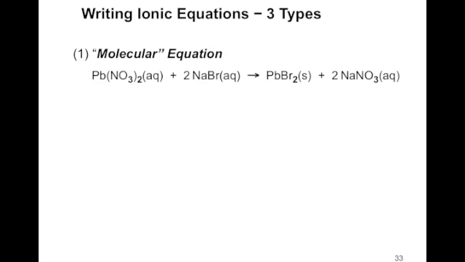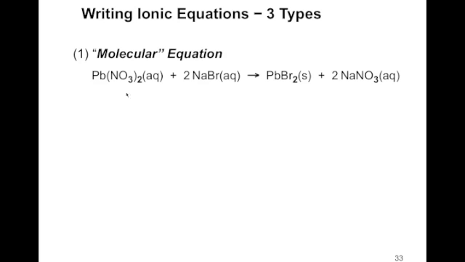When describing chemistry that occurs in aqueous solutions in the form of chemical equations, there's three ways to write them. It doesn't matter whether you're looking at a precipitation reaction or an acid-base reaction or a redox reaction. You use three different equations to represent the information depending on what you want to focus on. The first one is the standard so-called molecular equation, right?